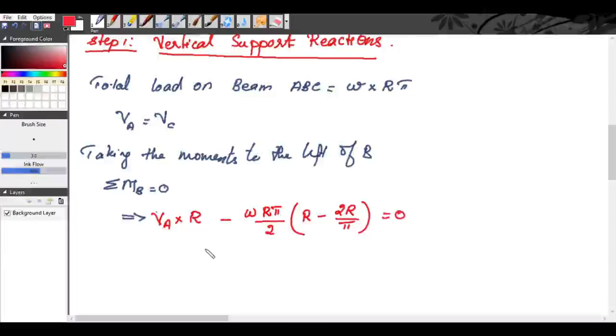So from this what we get is VA is equal to WR pi by 2 into R minus 2R by pi.